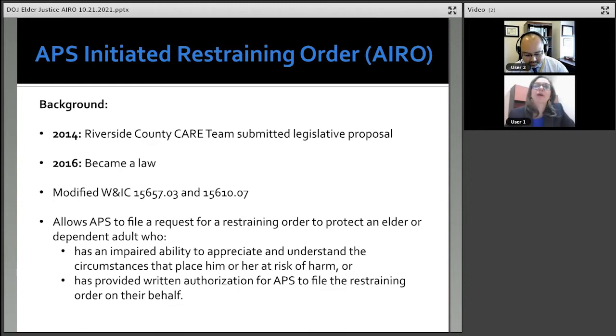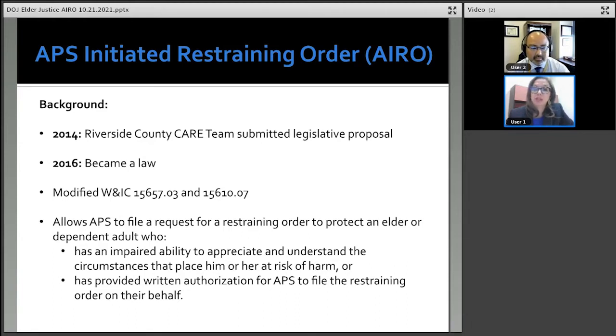I wanted to give a little background regarding the AIRO. As local counties, sometimes we identify an area, a problem, or a challenge. Back in 2014, Riverside County identified that we had a challenge where there were elders that we wanted to protect, but they lacked capacity, were unable to protect their own affairs.